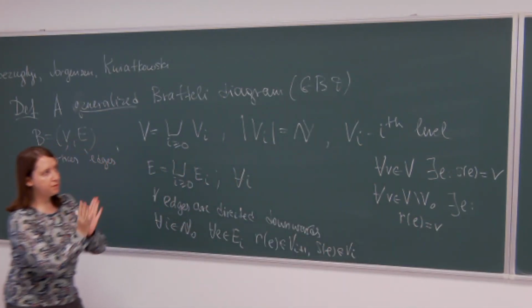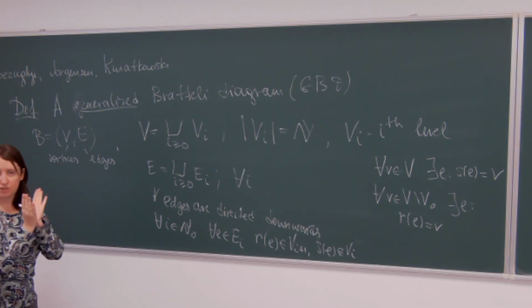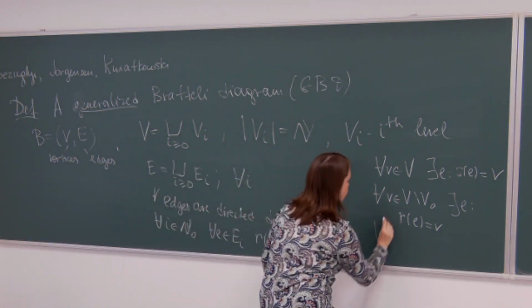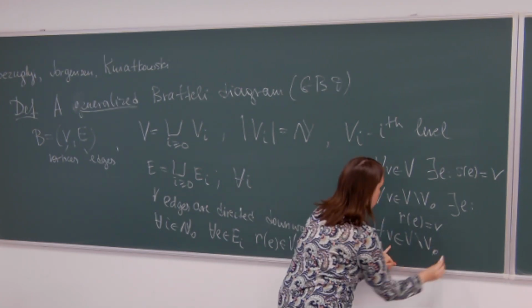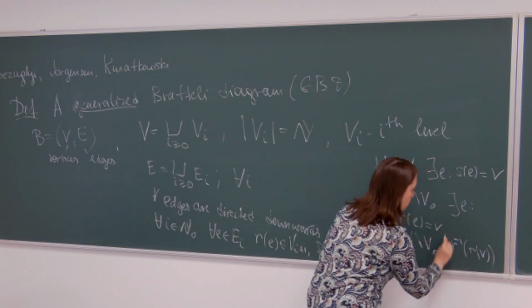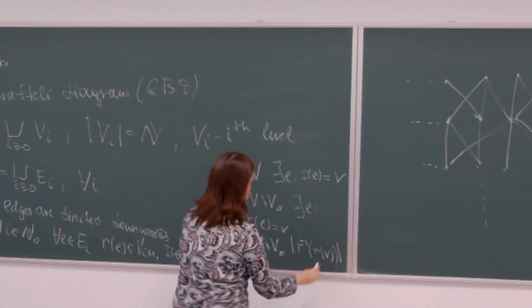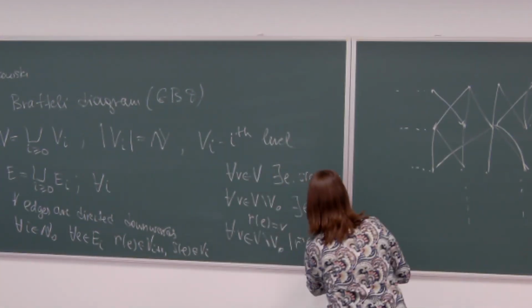And the last rule: for every vertex, there are only finitely many incoming edges. So for every v in V not in V_0, the set r^{-1}(v) is finite.